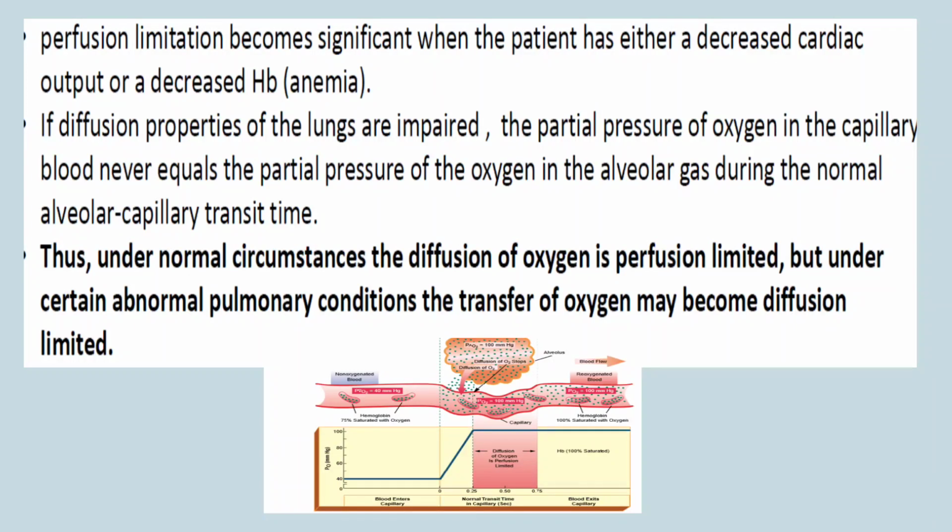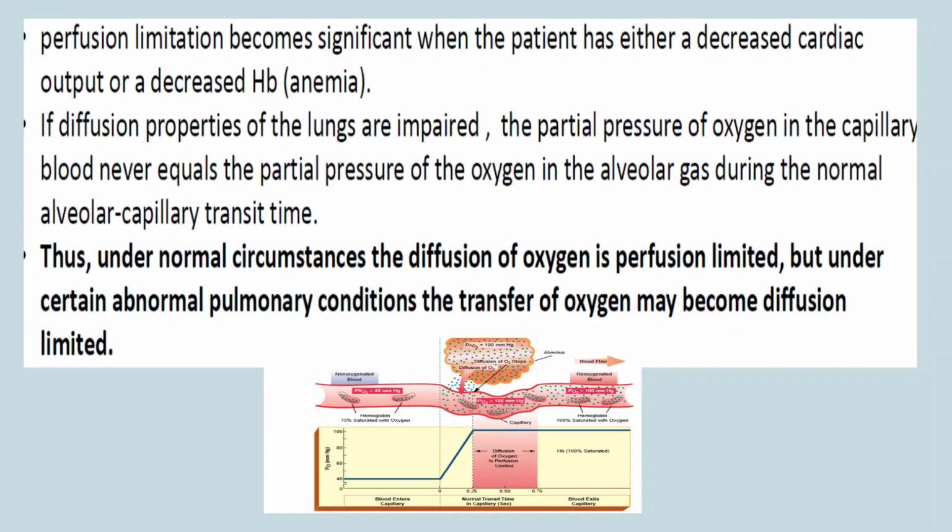If diffusion properties of the lungs are impaired, the partial pressure of oxygen in the capillary blood never equals the partial pressure of oxygen in the alveolar gas during the normal alveolo-capillary transit time. So under normal circumstances, the diffusion of oxygen is perfusion limited, but under certain abnormal pulmonary conditions, the transfer of oxygen may become diffusion limited also.